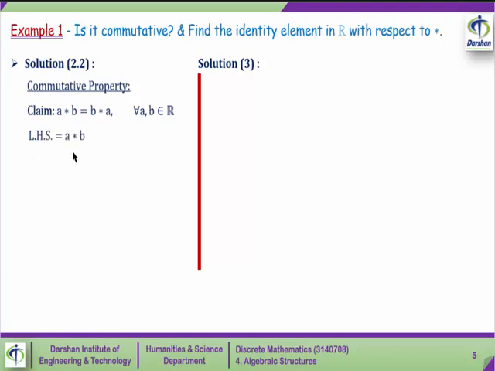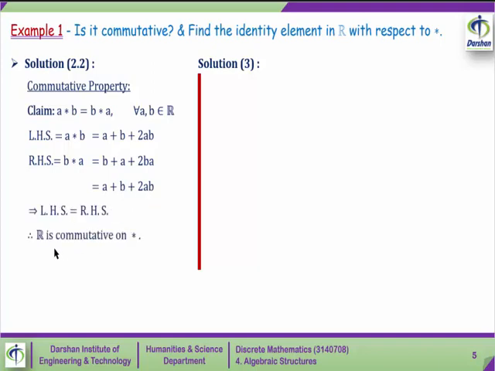So left hand side is A star B, which by definition is A plus B plus 2AB. Now right hand side is B star A, which is B plus A plus 2BA, which is the same as A plus B plus 2AB. So left hand side is right hand side. Therefore R is commutative on star.